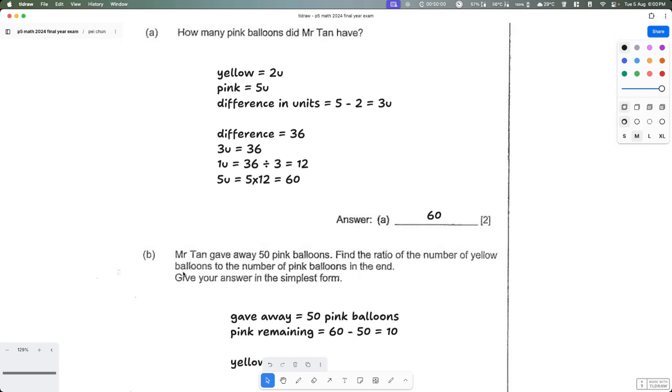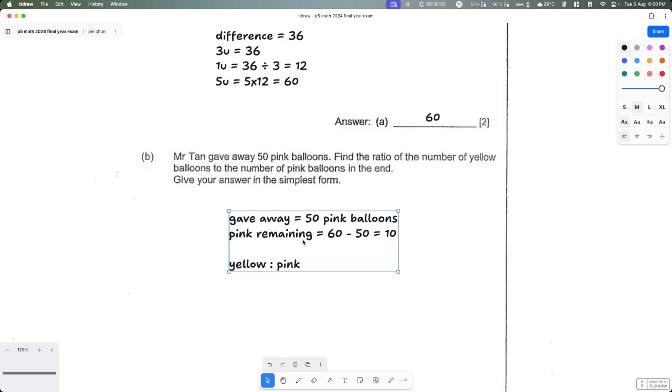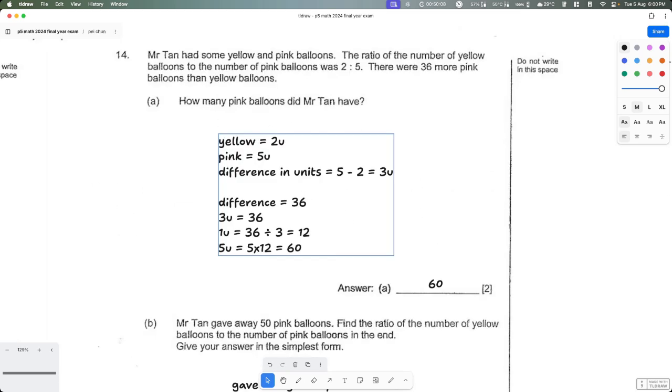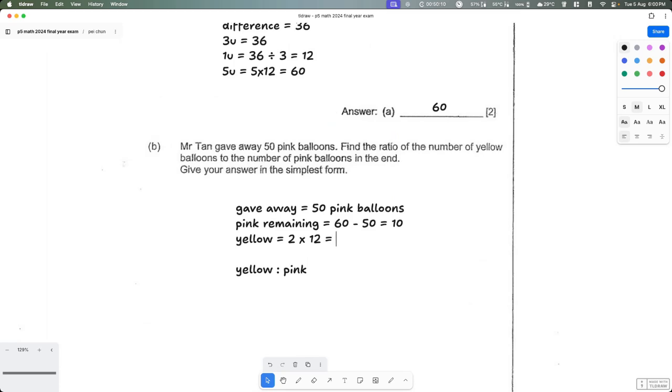So yellow still remains the same. I haven't calculated yellow. So yellow is equal to 2 units, 2 times 12, which is 24. So yellow over here is 24, and then pink is 10, right? In this case, we can just divide by 2, right?